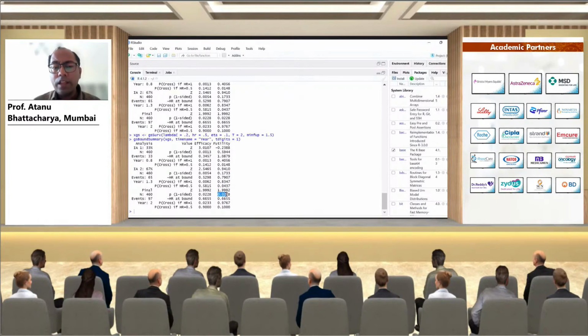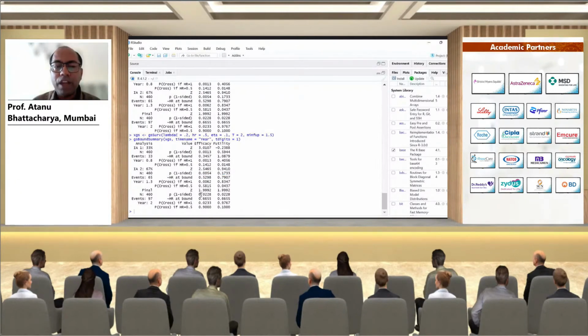As you see in this nicely presented triangle, the range between these boundary values is quite large initially in the graph as well, 0.0013 to 0.59. Slowly the range goes down, and see in the graph, both points merge. The efficacy and futility graphs merge at one point.